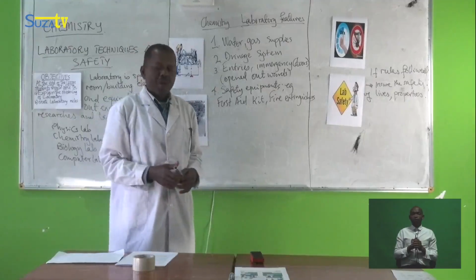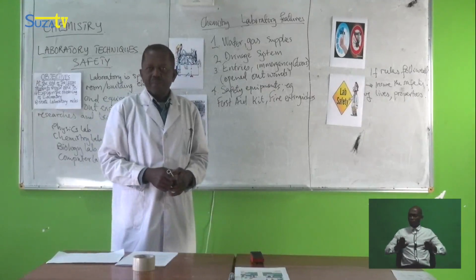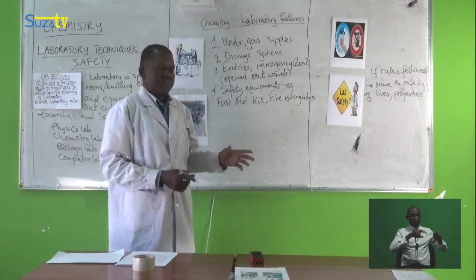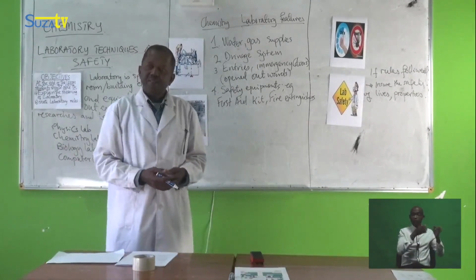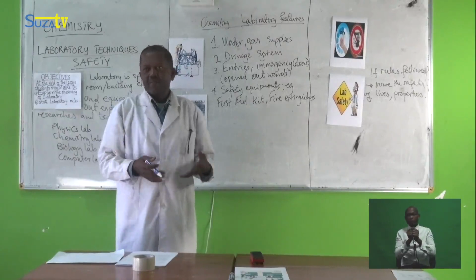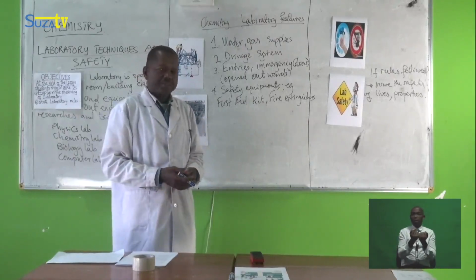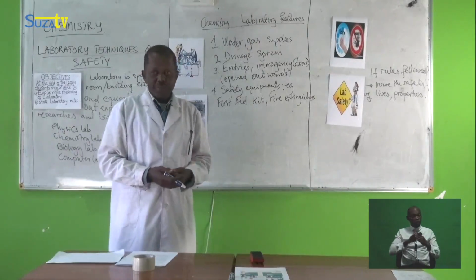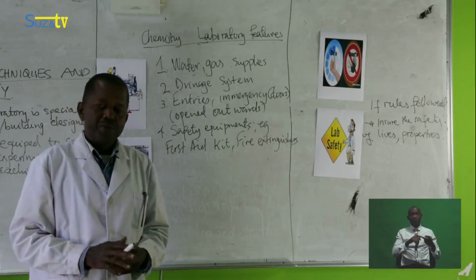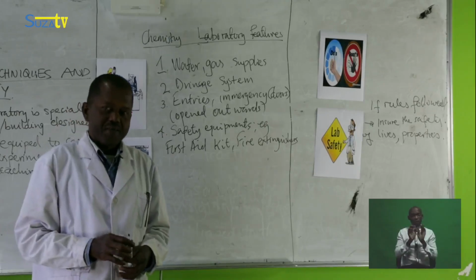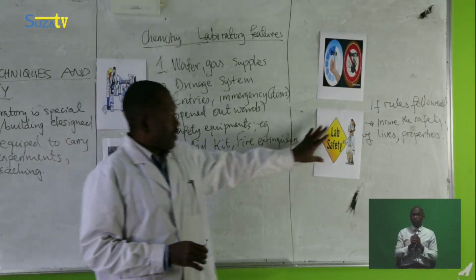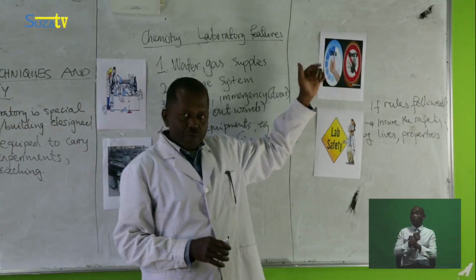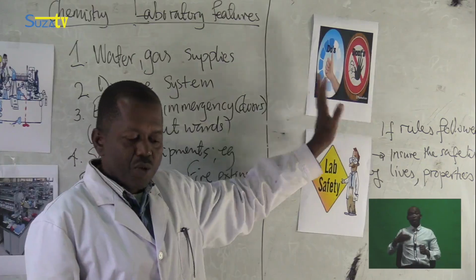So we have to be sure of our safety after doing experiments. Also, our property, for example, apparatus. Some of them made by glasses, some of them made by plastics. So we make sure that we are going to use them again, so we have to make sure they are safe. So in laboratory safety, we have things that we have to do, and we have other things that we don't have to do.